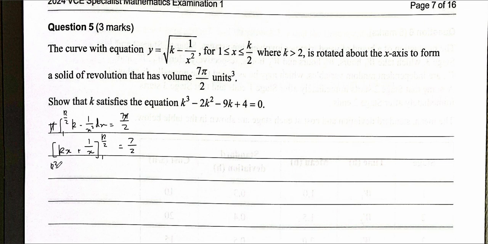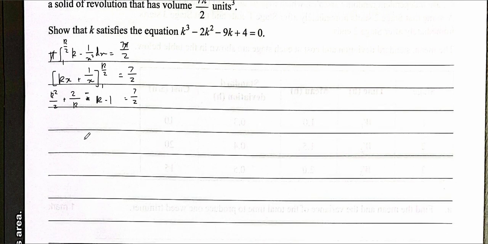So k squared on 2 plus 2 over k minus 1 minus k minus 1 is equal to 7 on 2. So let's multiply both sides by 2. We get k squared plus 4 over k minus 2k minus 2 is equal to 7.